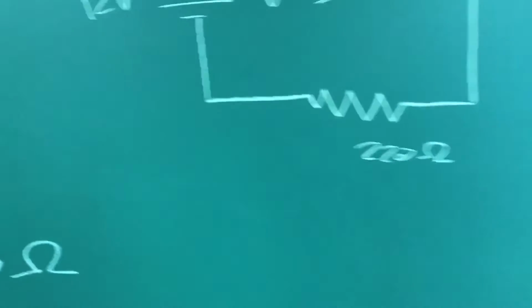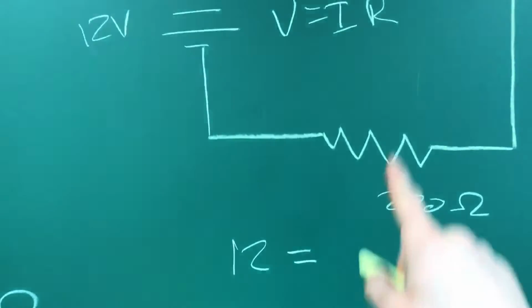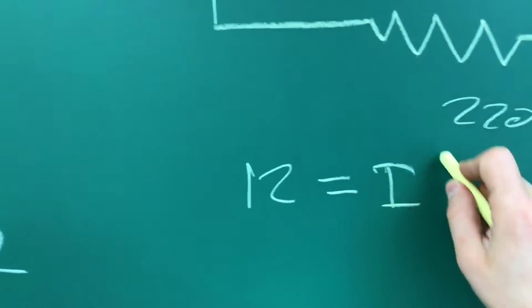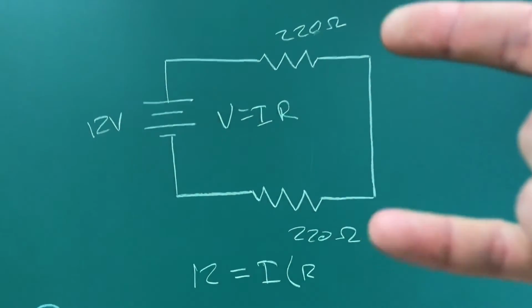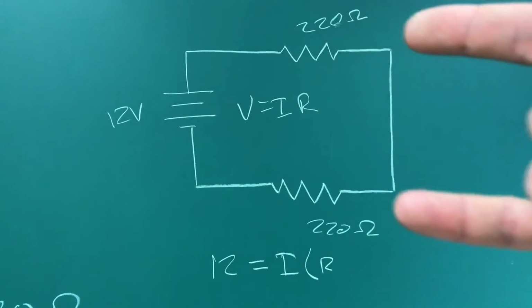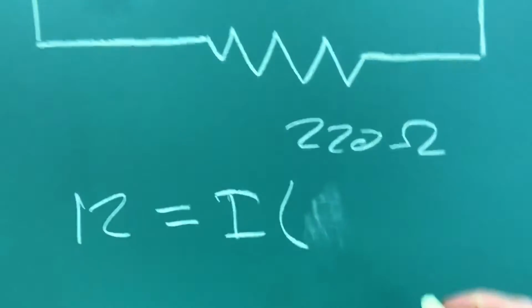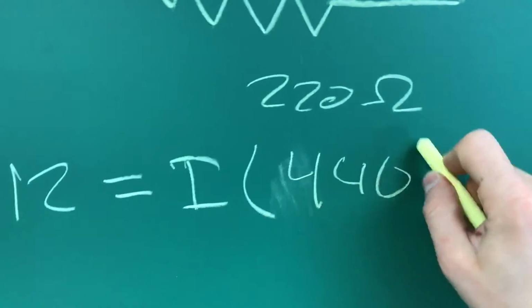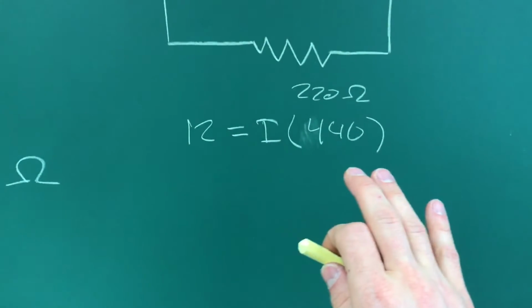Let's see, V is 12, so 12 equals I, which we don't know, times R. We have two resistors, and in a series circuit we're just going to add them up. We can talk more about this later. 220 plus 220 gets us 440.